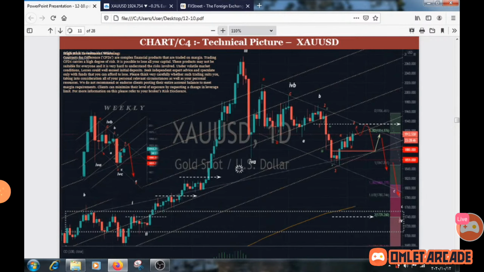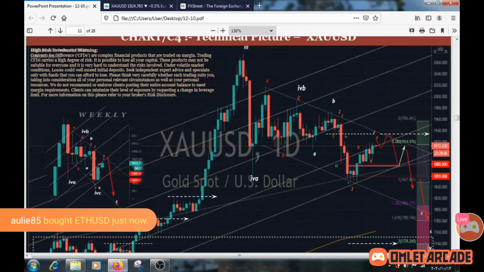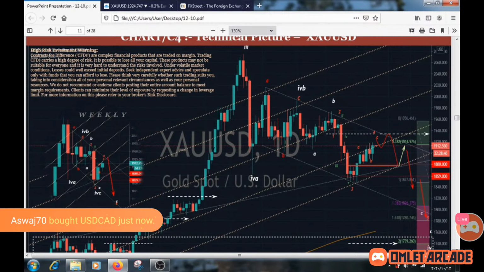There's a problem with wave 1 here because there is a candle close and a spike. If you go with the spike, you're looking at 1,937, 1,938. If you go with the candle close, you're looking at 1,940.